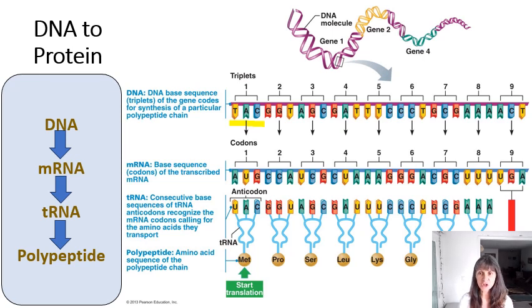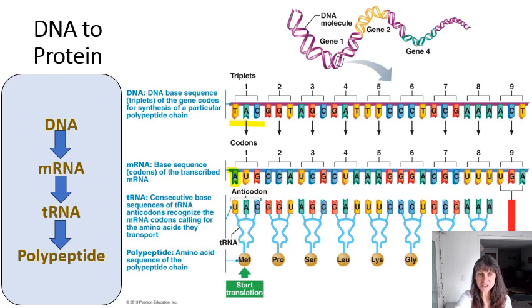When that is transcribed or written into messenger RNA, the messenger RNA contains complementary base pairs of the nitrogenous bases from the DNA. So the complementary nitrogenous base pair for thymine in the first triplet is going to be adenine in the codon of messenger RNA.